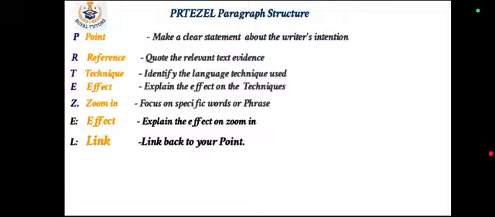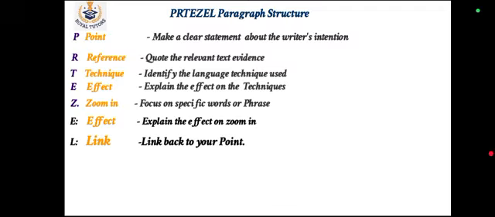Now, the paragraph structure, what does it stand for? The point is that you should make a clear statement about the writer's intention. The reference is that you should use quotes relevant to your evidence. Then the technique is that you should identify the language technique used. Then the effect is that you should explain the effect of the technique.